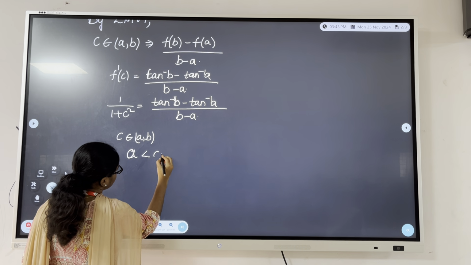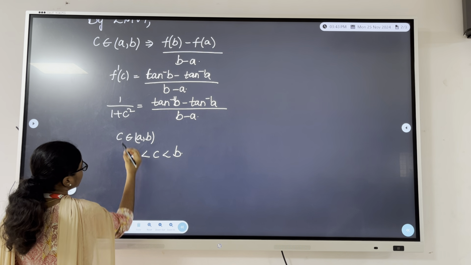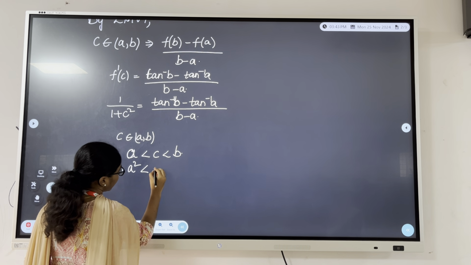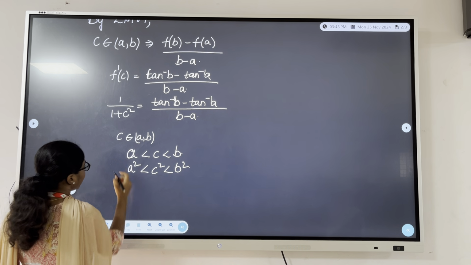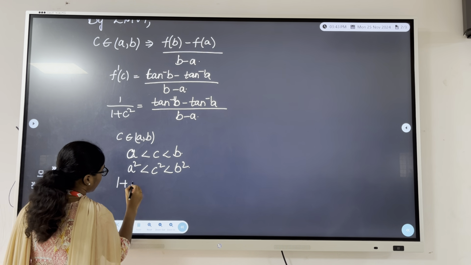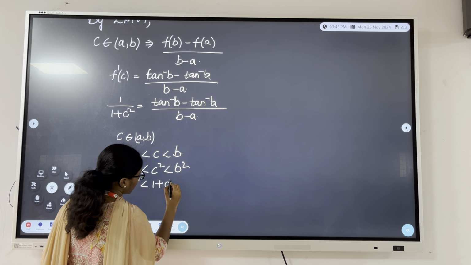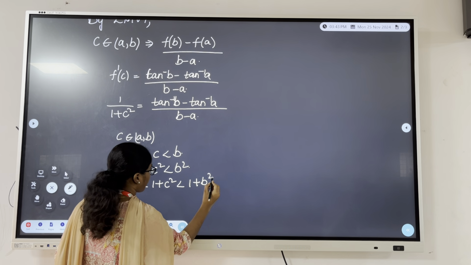Now let us solve this. a is less than c is less than b. Here we have 1 plus x square. So first squaring, we get a square less than c square less than b square. And by adding 1, 1 plus a square is less than 1 plus c square is less than 1 plus b square.